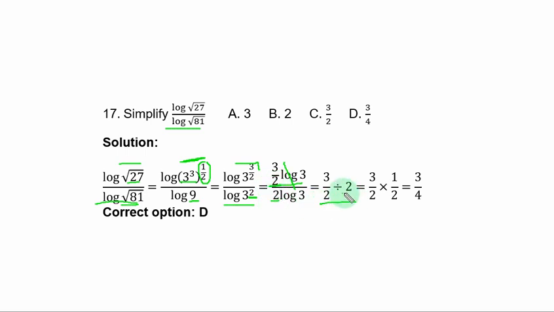You can write this 2 over 1. You change this sign to multiplication, and you invert this fraction to 1 over 2. If you multiply, you have 3 over 4. D is the correct option.